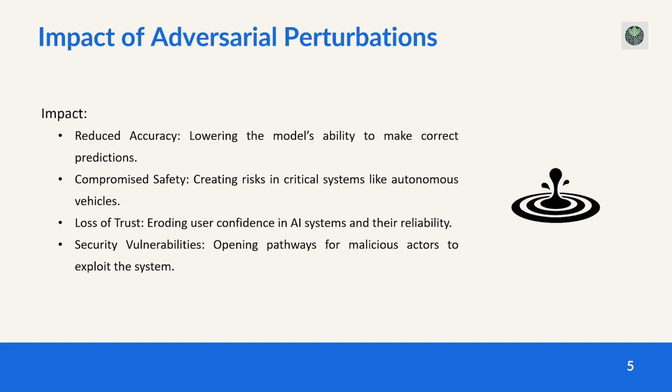For example, autonomous vehicles can misinterpret signs. When trust is eroded, users and stakeholders become hesitant to rely on AI. This would potentially stall its adoption. And vulnerabilities in these systems become a target for further exploitation. This would increase the risk of more security incidents in the future.